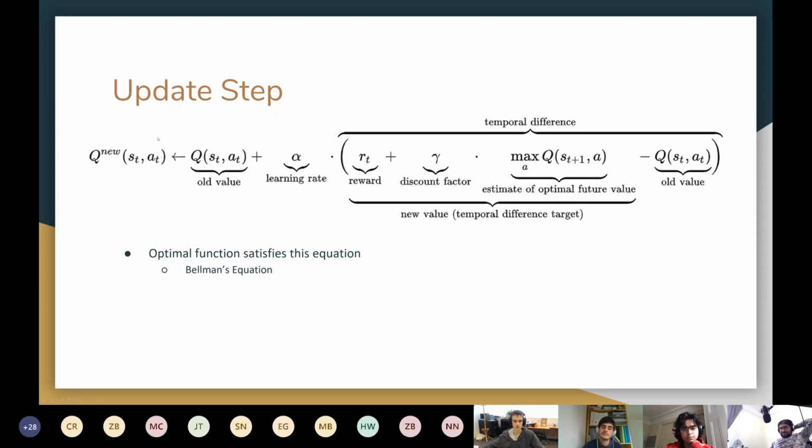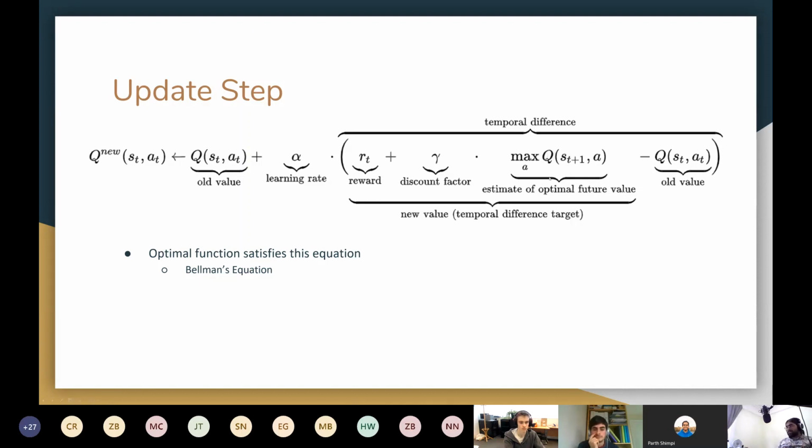This complicated equation is the actual approach that gets used to update the information. The important part of this is that we kind of fudge our old quality. So this equation says, if I'm in state st and I take action at, so I'm at time t, then update the estimated quality by taking the reward that I get at that time, plus the best reward I think, the kind of Q function, the Q value I could get at the next state given optimal play.